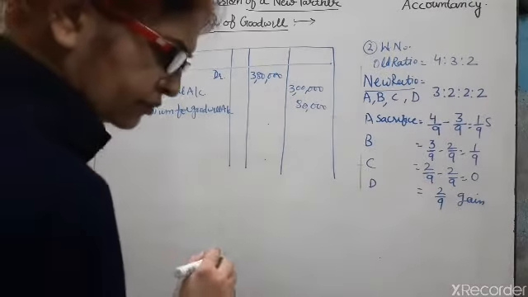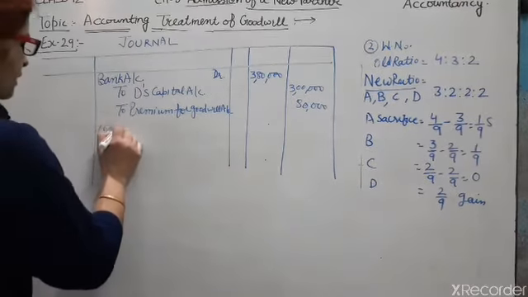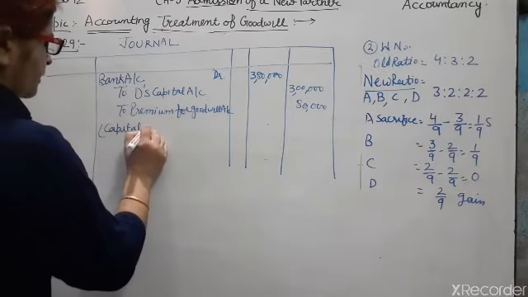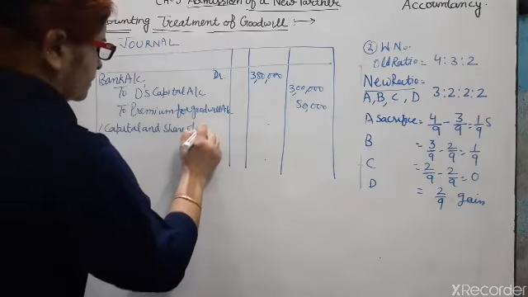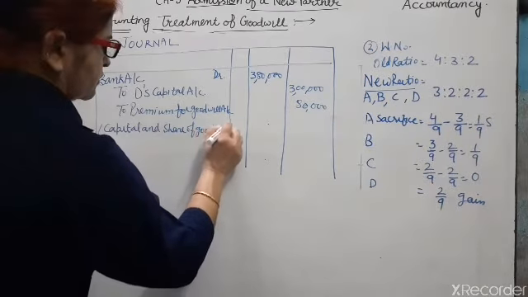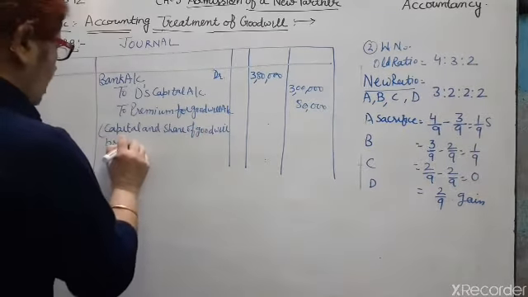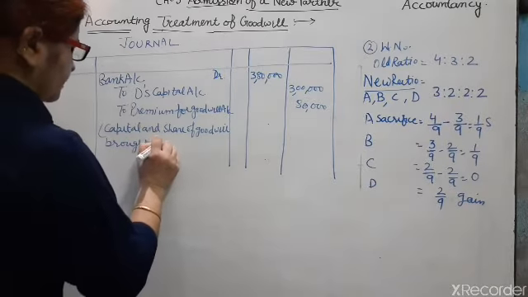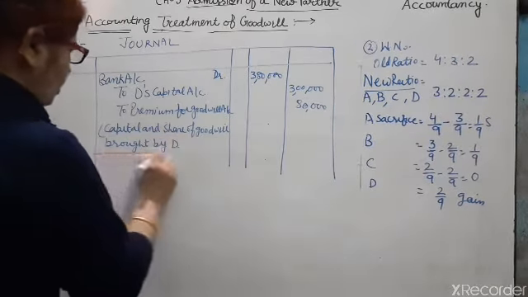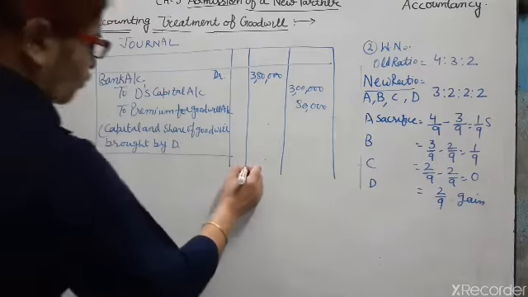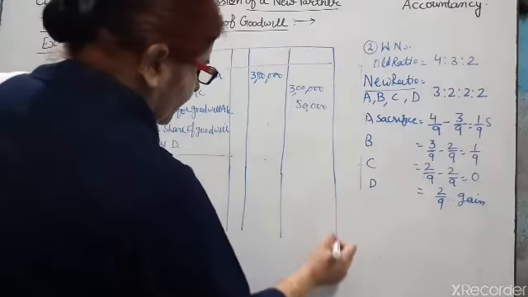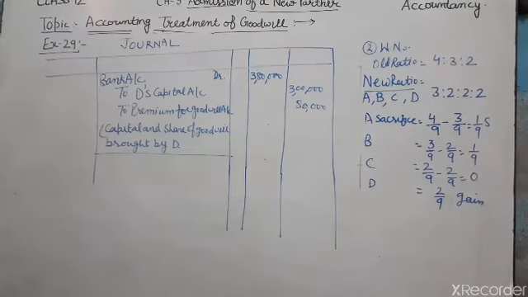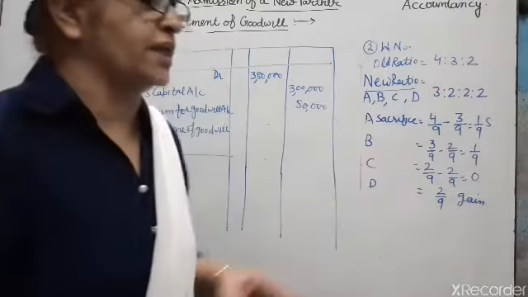Narration is given: capital and share of goodwill brought by D. Now, this amount in the premium for goodwill account is debited by distributing it to the sacrificing partners.